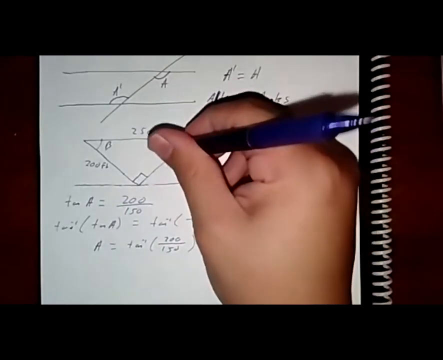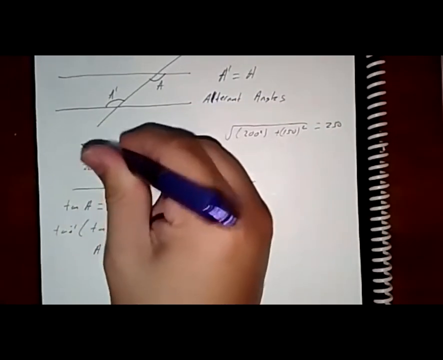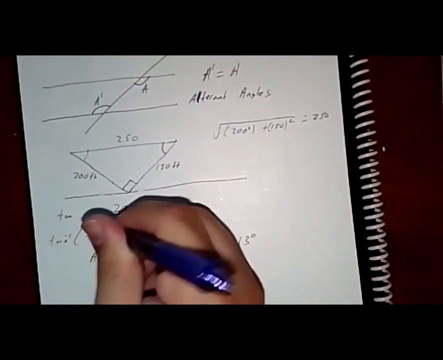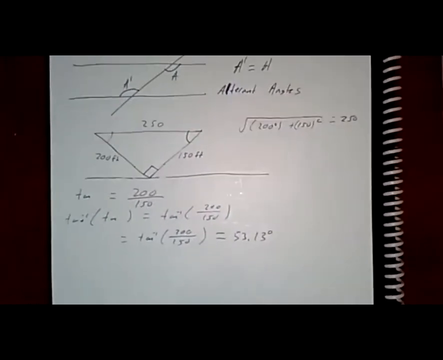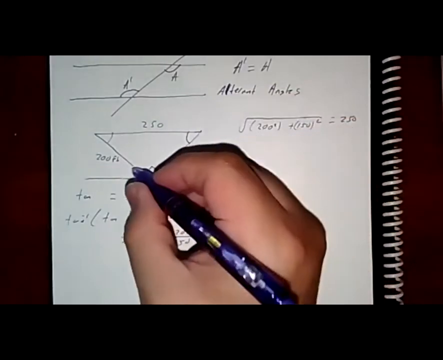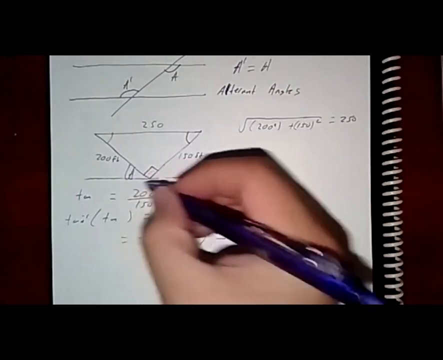No. Tan inverse of 200 over 150. I mean, all the parentheses are there, and it added a couple more that I didn't add. It's fancy. Man, I'm sorry. I don't know what's going on there.